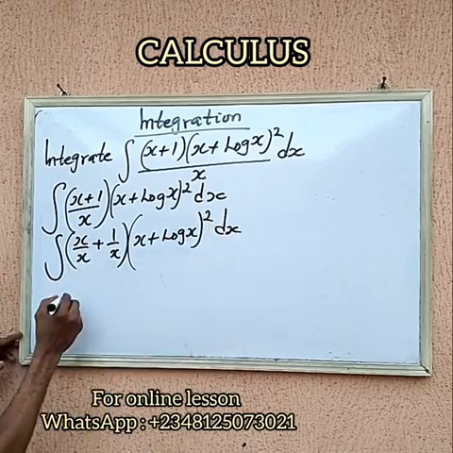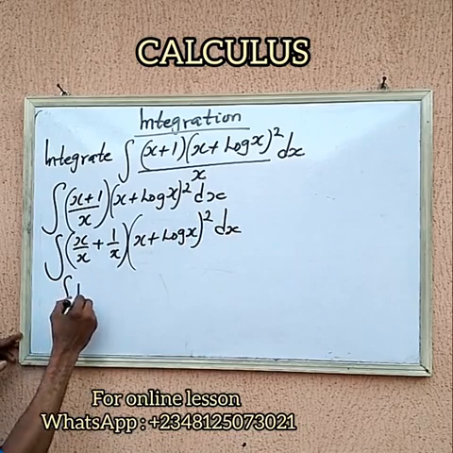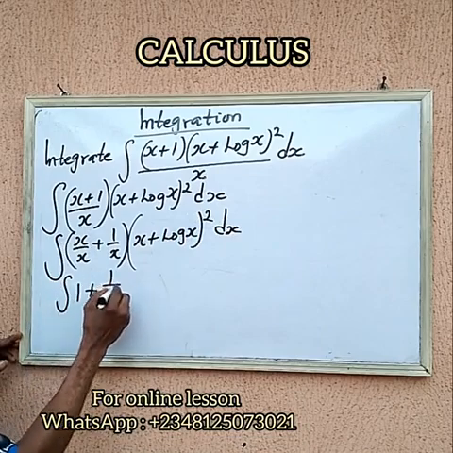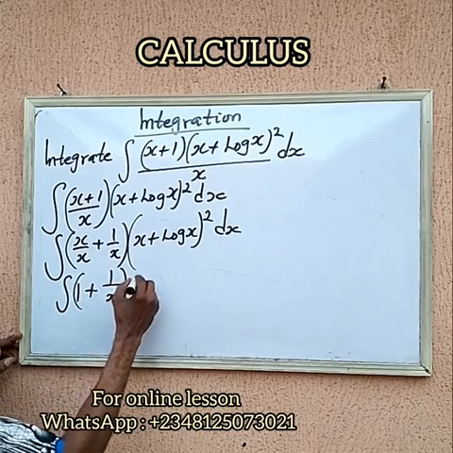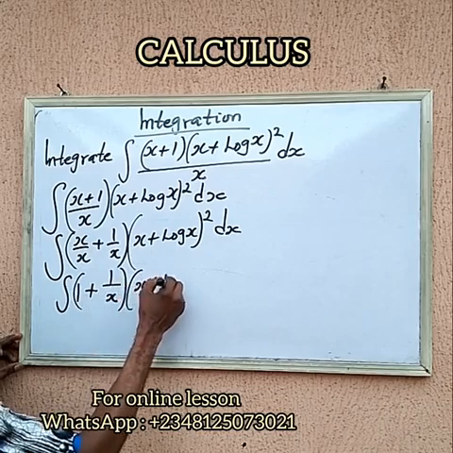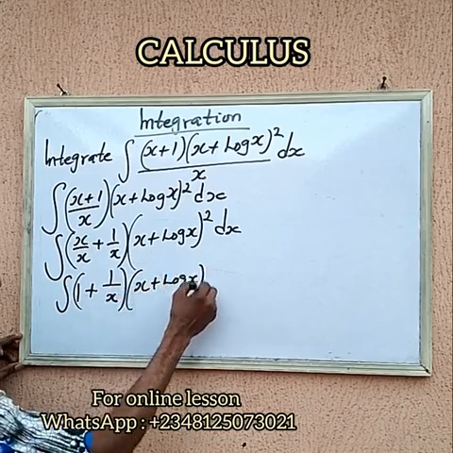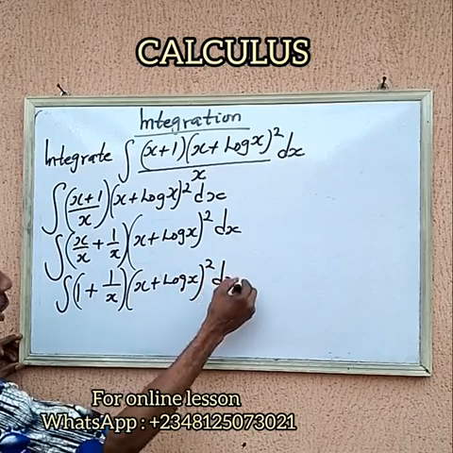So x over x gives us 1. It now gives us 1 plus 1 over x, then multiplying x plus log of x all squared, then dx.